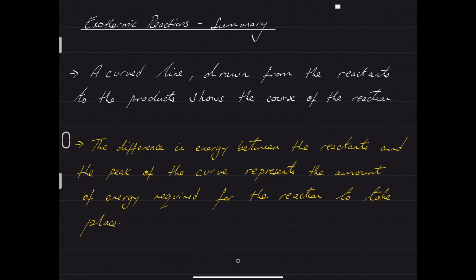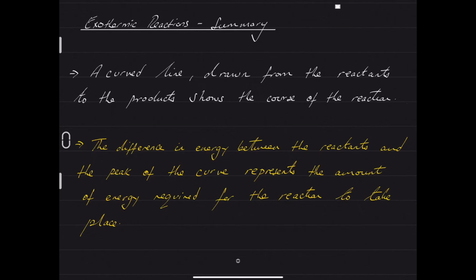So these are our opening statements. I'll repeat again: a curved line drawn from the reactants to the products shows the course of the reaction. The blue line was showing you the course of the reaction. The difference in energy between the reactants and the peak of the curve represents the amount of energy required for the reaction to take place.